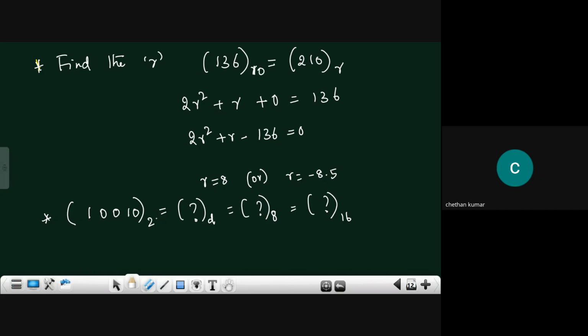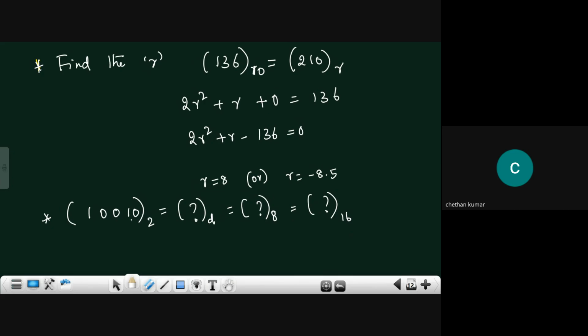How to convert this number into decimal? Weighted power. Correct? Each digit of the integral part will be multiplied by its weighted power and you do the sum. For the fractional part, divide by the weighted power and do the sum. So that you can convert it into decimal.